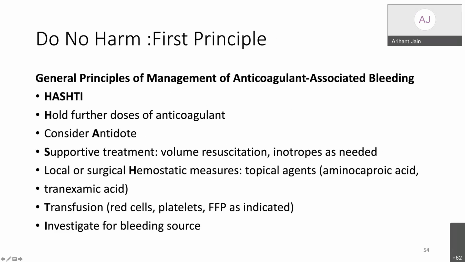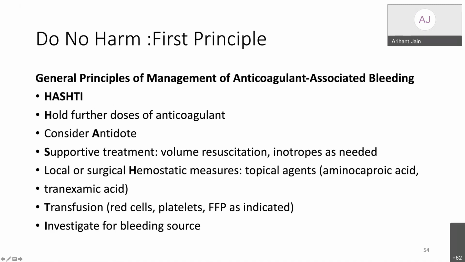You give supportive management in the form of volume resuscitation or inotropes. You start local hemostatic measures such as tranexamic acid. You give transfusion if the patient has profusely bled, and you investigate for the bleeding source. So this is HASHTI.